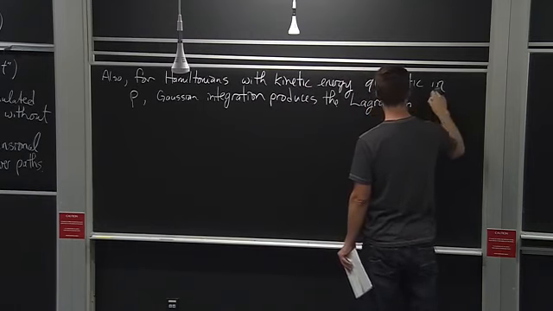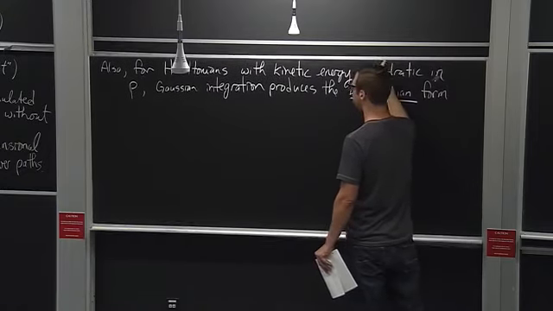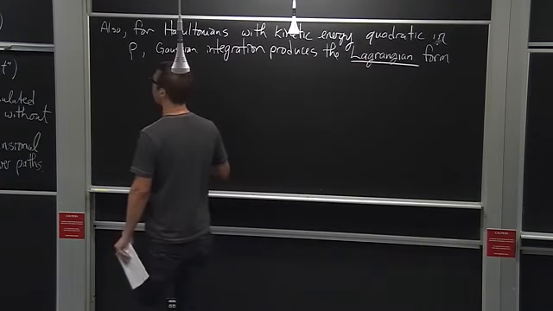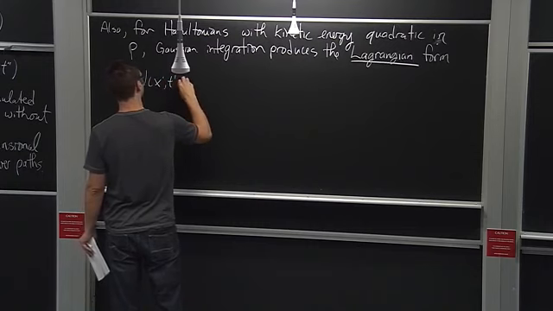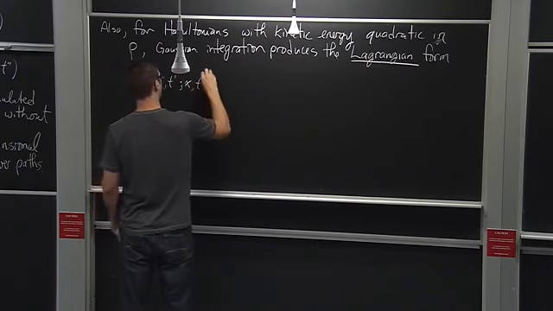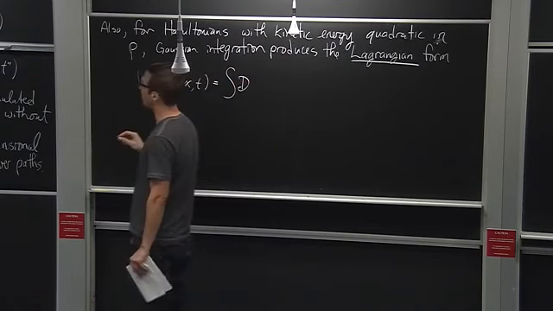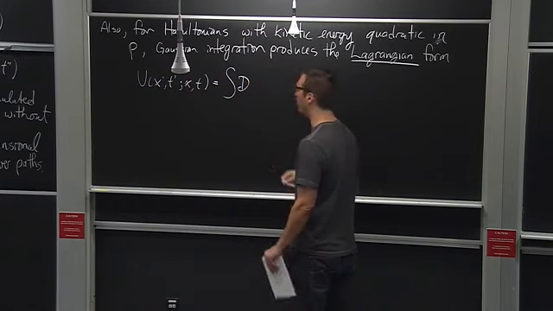Lagrangian, maybe? So the Lagrangian form of the path integral is the same object, but you've gotten rid of the functional integral over the momentum.